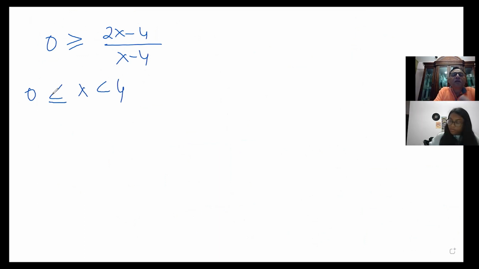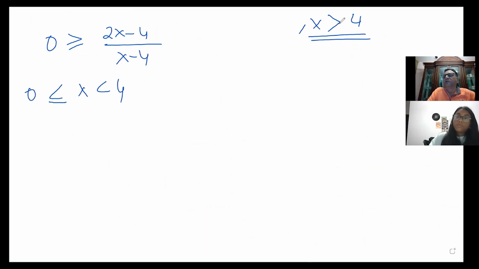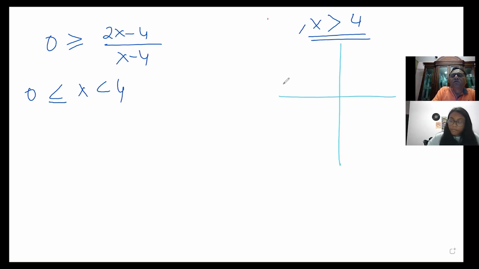Okay. So let's try to. We already have one solution, that x greater than 4 is a solution, correct? Now, the other part of the solution we are trying to figure out. Let me also sketch the small portion of the graph for our reference. That is our graph.